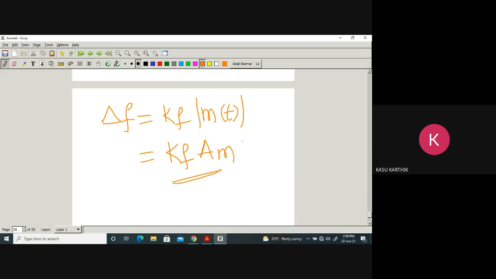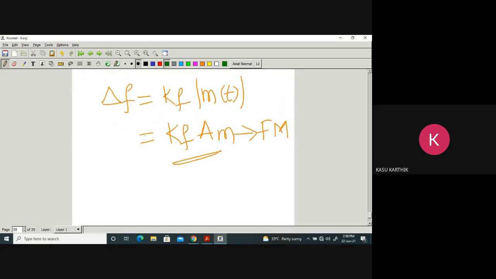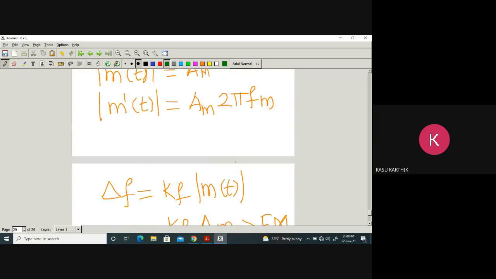This is in the case of FM. In the case of PM, delta F equals Kp by 2 pi times the maximum of m dash of t, which is Am 2 pi fm.